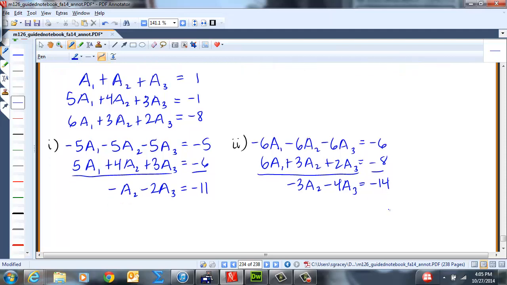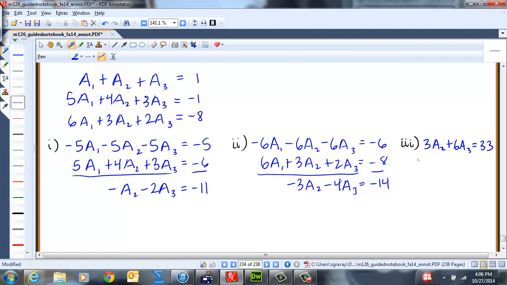So now these two equations that we have created, we're going to combine. I'll go ahead and eliminate the a2 variable. So I'll multiply this equation by negative 3. Our third step will be: I'll get 3a2 plus 6a3 equals 33, because I multiplied each of these terms by negative 3.